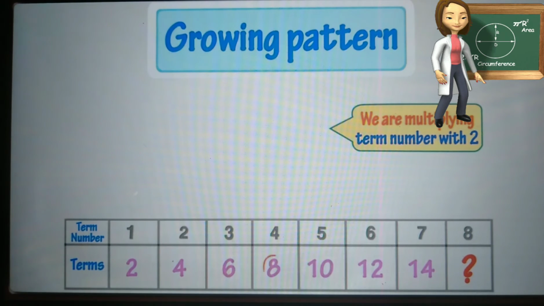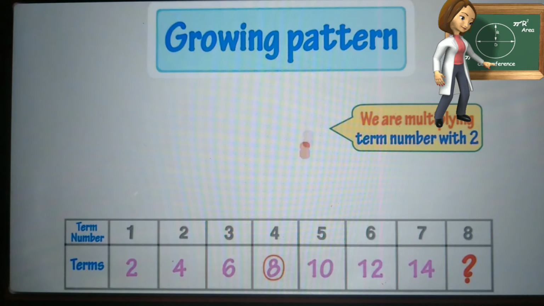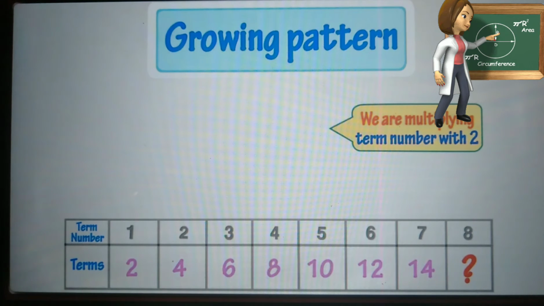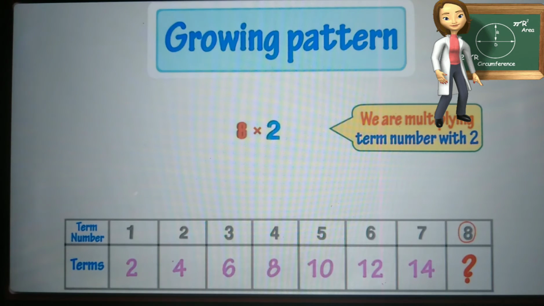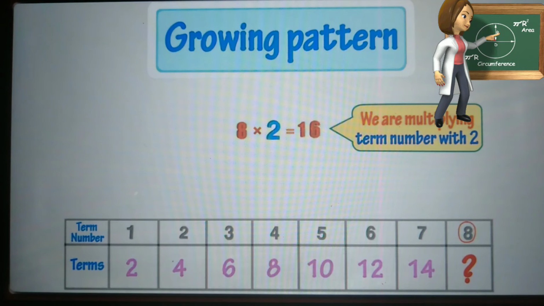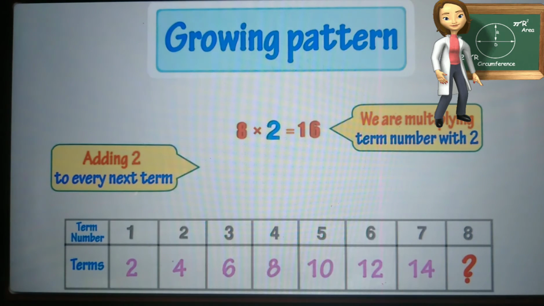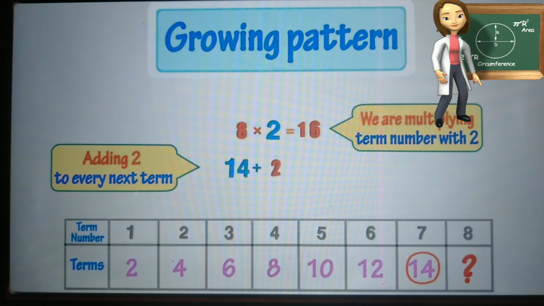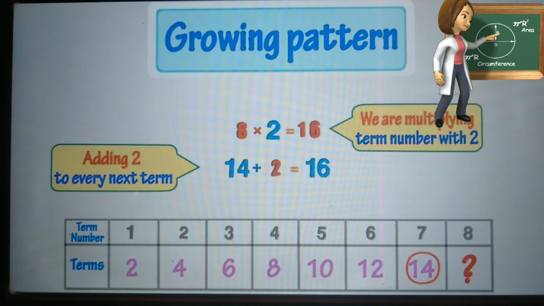Term number 4 is 4 multiplied by 2. So finding the next term, or eighth term, here we can multiply 8 with 2. We get 16. Or we can add 2 to the seventh term, that is, adding 2 to 14, we get 16.